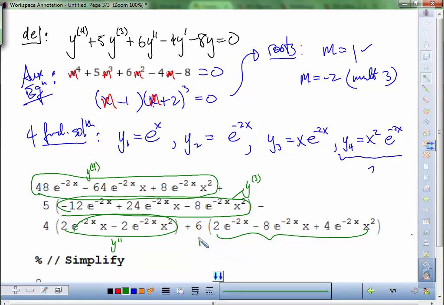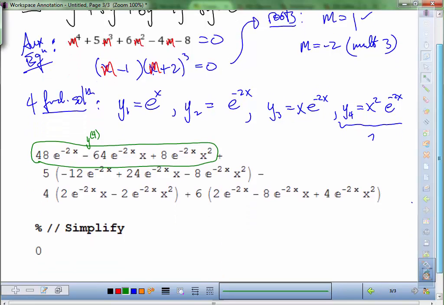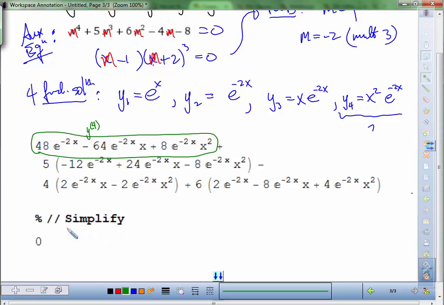This is an 8. Oh, I'm lost now. So it looks like they did some simplifying on the way. Well, in any case, if you simplify fully, then you get 0. So that means this is, in fact, a solution.